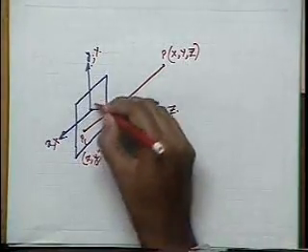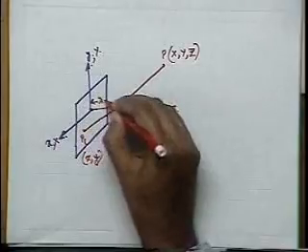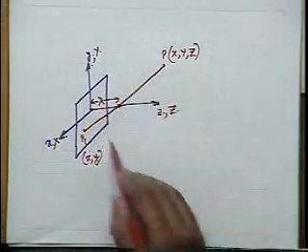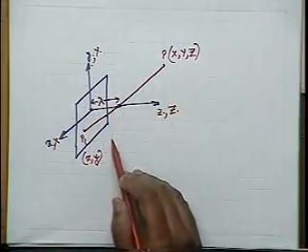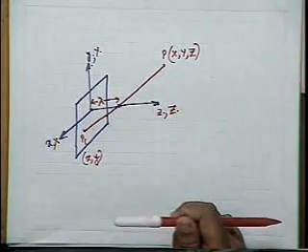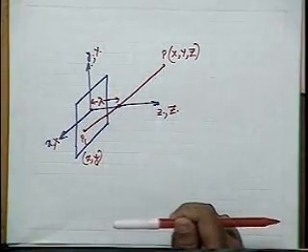Now we once again consider the focal length to be lambda, as we had considered before. If you remember correctly, the expression which we had got was something like this.